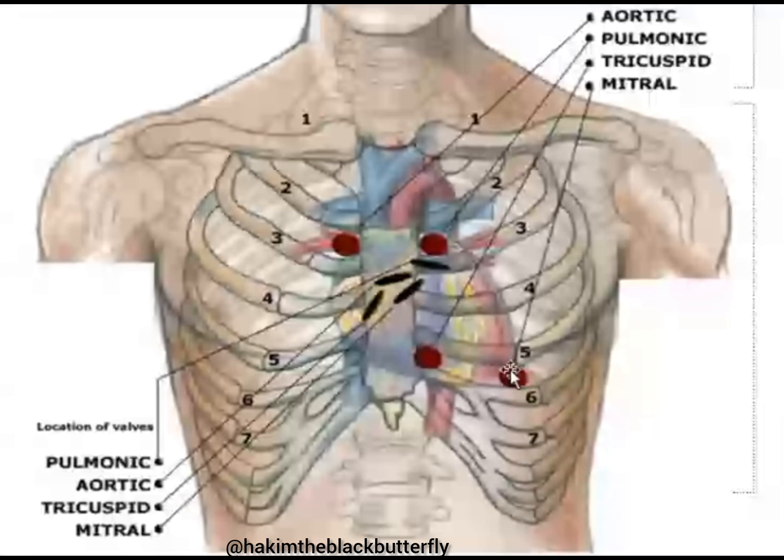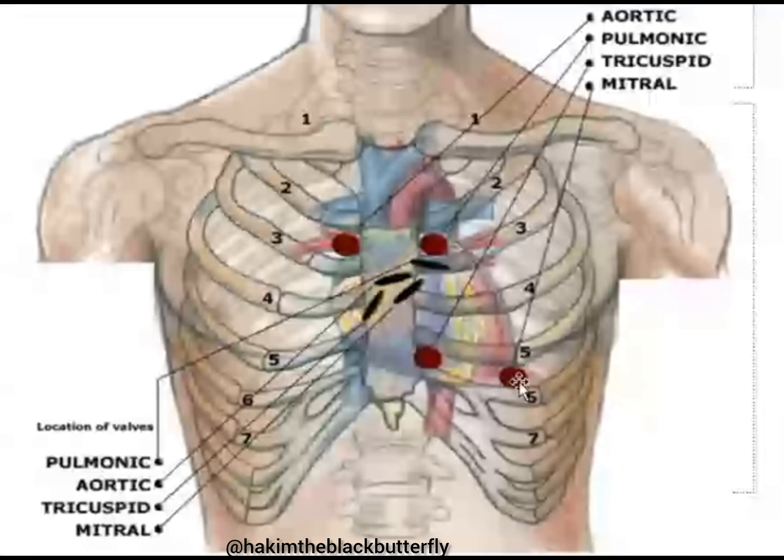And this one, we usually use the fifth left intercostal space at the mid-clavicular line. What is the mid-clavicular line? This is our clavicle. A line dropping perpendicularly, passing through the midpoint of the clavicle, is the mid-clavicular line. Where it intercepts with the fifth intercostal space, that is where we have the apex of the heart.